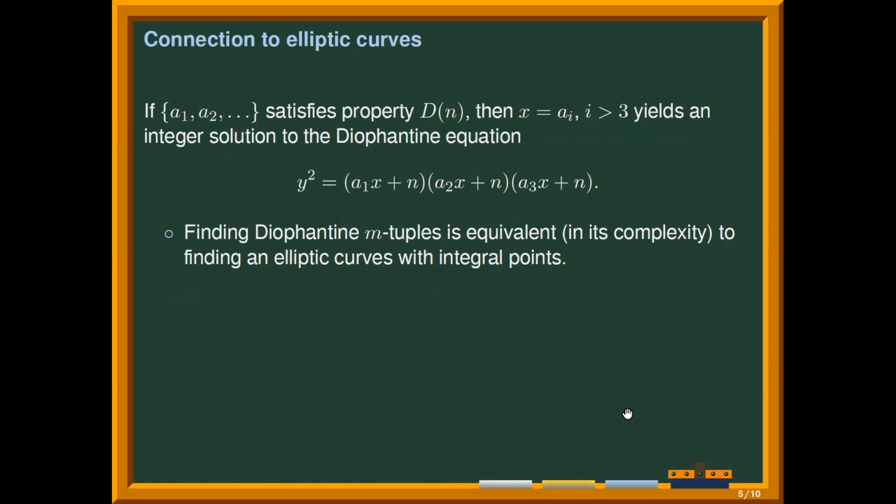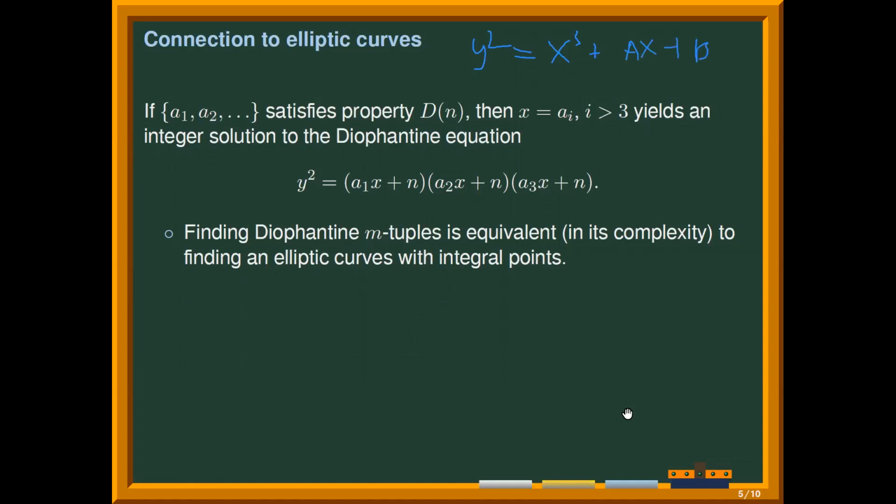The geometry is as follows. I don't know whether many people in this introductory talk have learned anything about elliptic curves or even heard about them. Elliptic curves are a geometric object of the form y squared equals x cubed plus ax plus b.